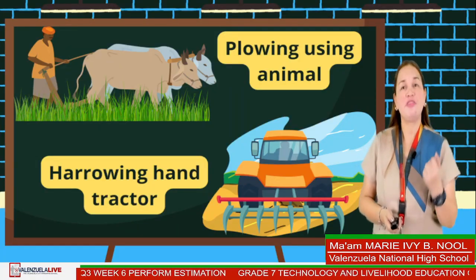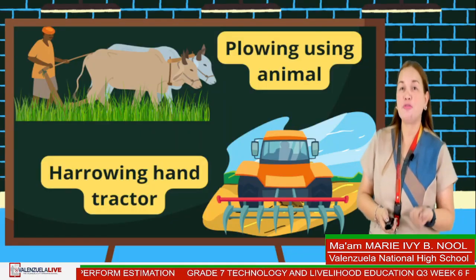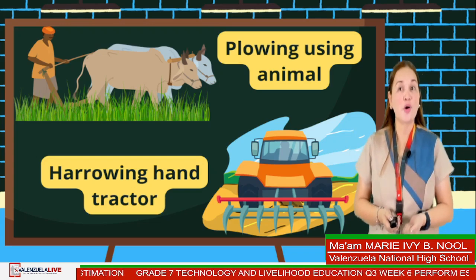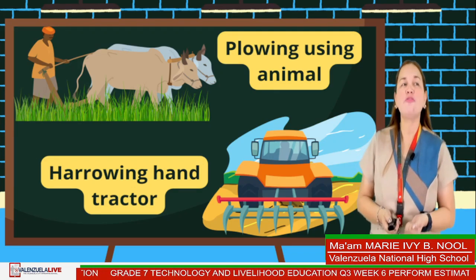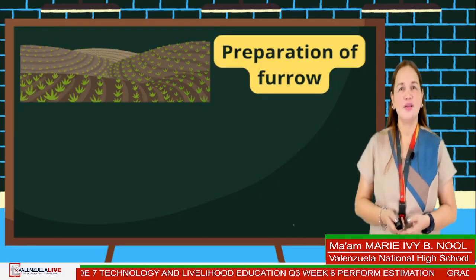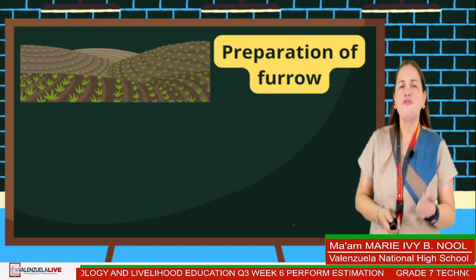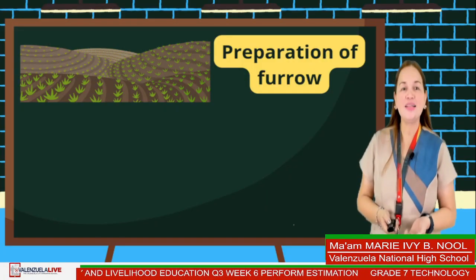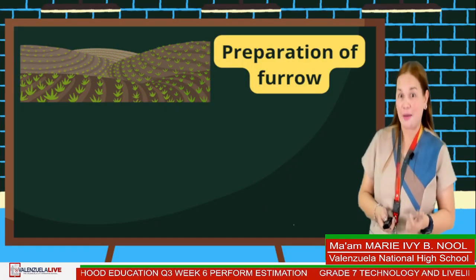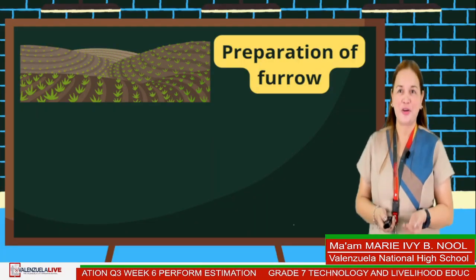The purpose of harrowing is generally to break up clots and to provide a finer finish, a good tilth or soil structure that is suitable for seedbed use. Another is preparation of furrow. Furrows are small, parallel channels made to carry water in order to irrigate the crops. The crop is usually grown on the ridges between the furrows.